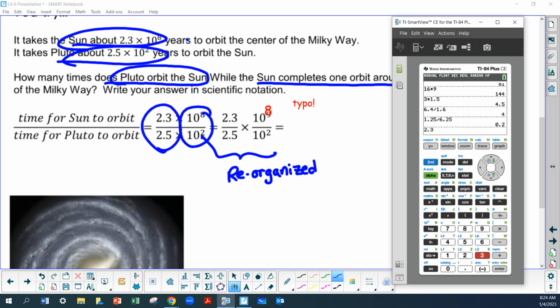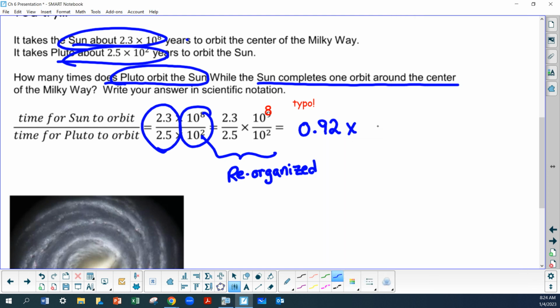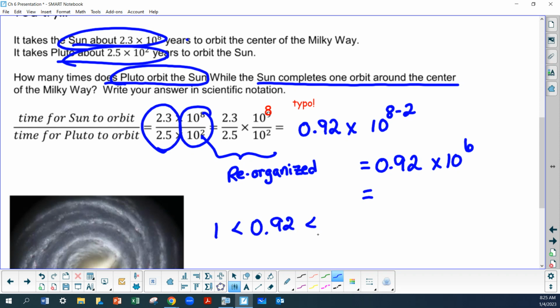So 2.3 divided by 2.5 turns out to be 0.92 times, subtract our exponents on the tens because it's a quotient, and that's going to end up being 0.92 times 10 to the 6th. Now, is 0.92 between 1 and 10? No. So we need to do an adjustment.